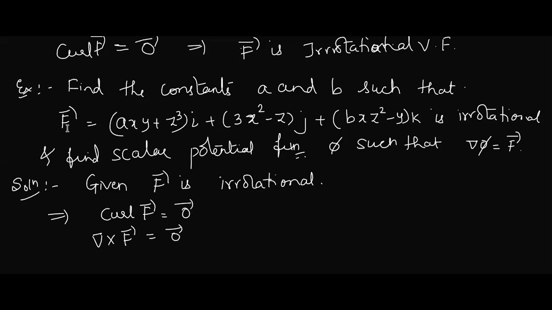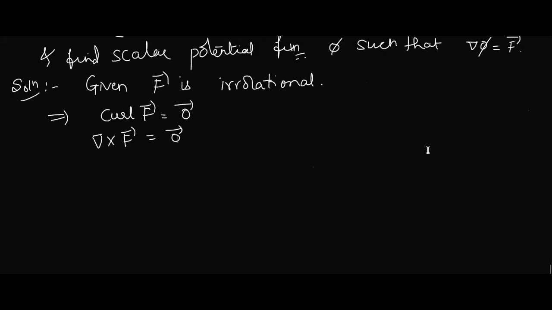If it is already irrotational, its curl is already 0. So here you have to find a and b such that this field is irrotational, so I am just equating it to 0. Some students don't equate to 0. They just go on finding curl F and directly write the answer. That will be a wrong concept.